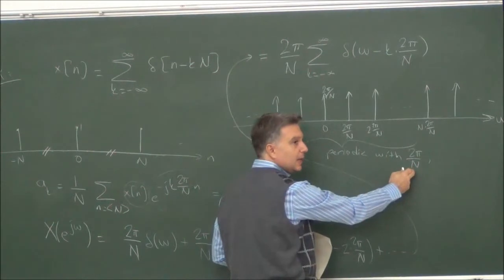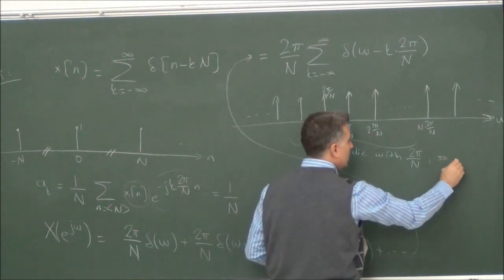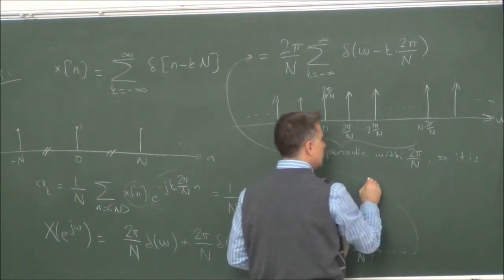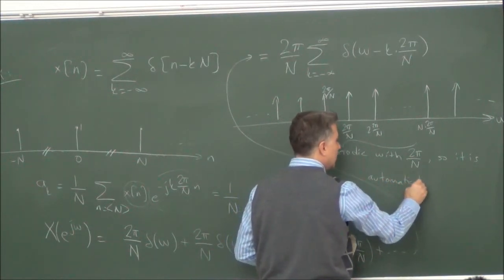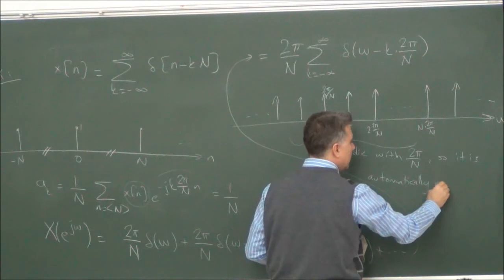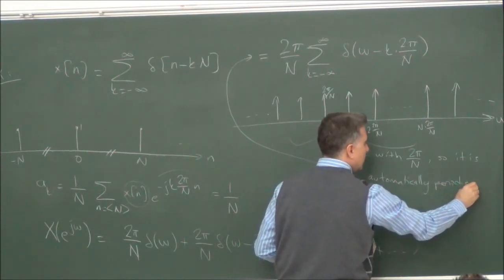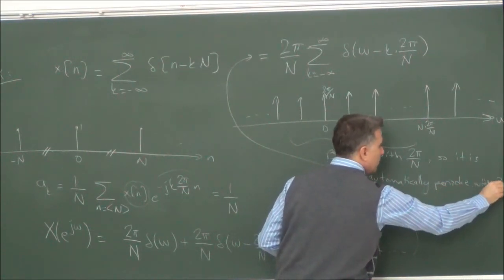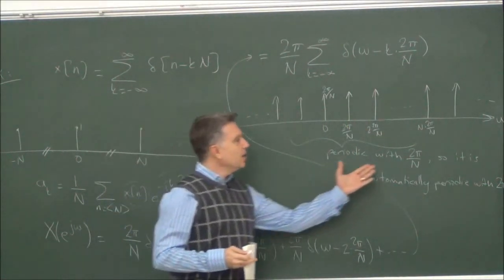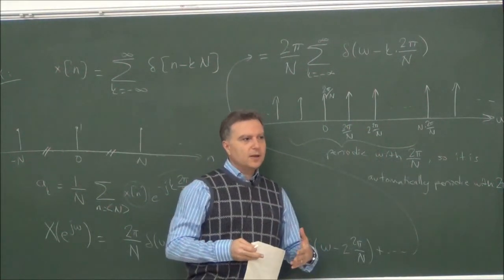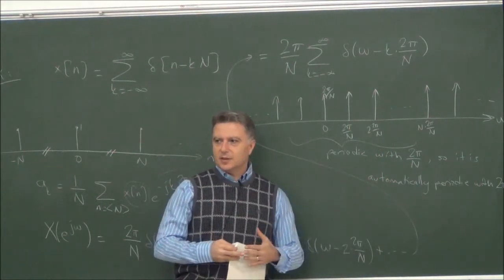And capital N is an integer. So it is automatically periodic with 2 pi as well. Because if it is, let's say, periodic with period 2 pi over 5, then after 5 periods, you meet 2 pi.